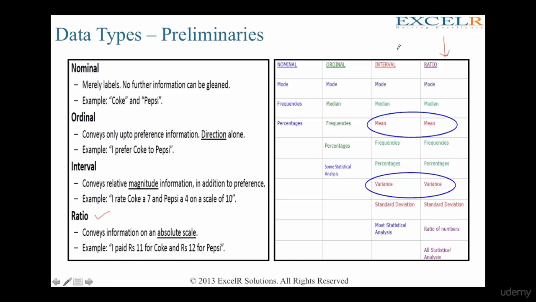The richness of analysis that you can perform would increase from nominal data to ordinal data to interval to ratio. So the first preference should be given to ratio data and the least preference to nominal data, because you can perform a lot of analysis if ratio data is provided to you.